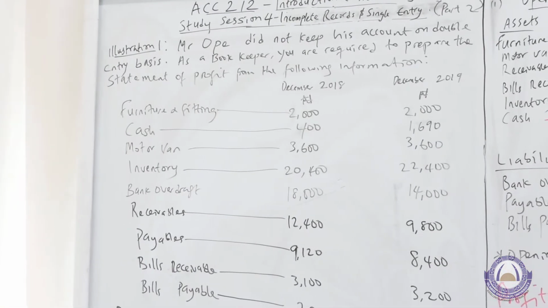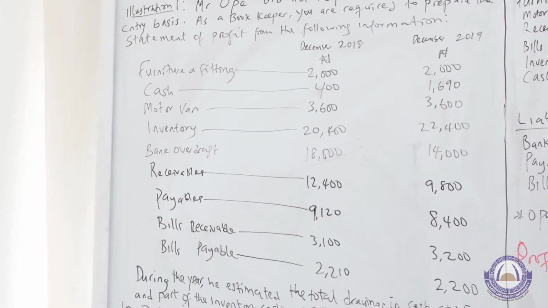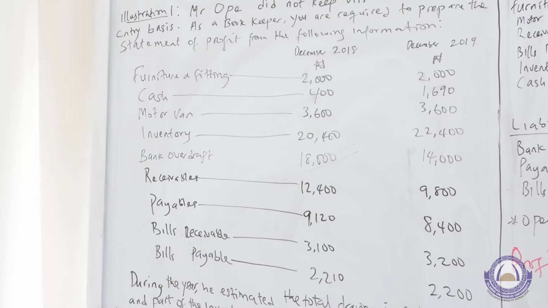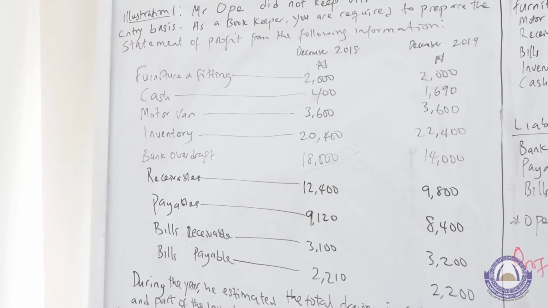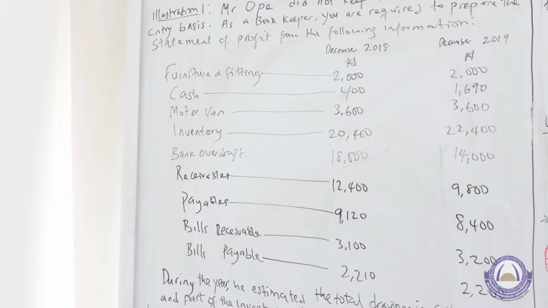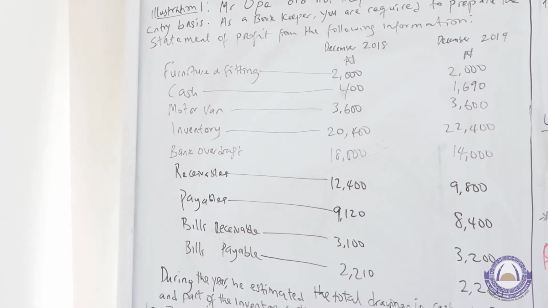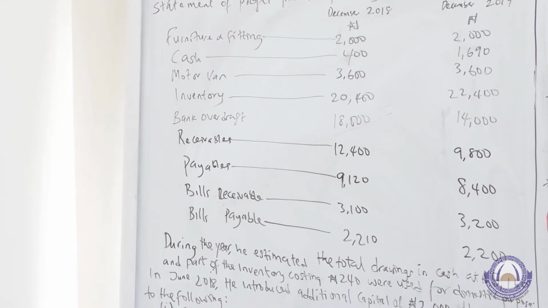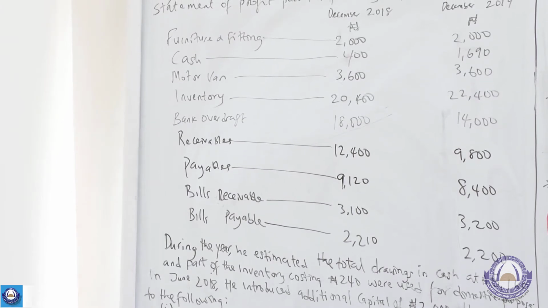The next one, we have receivables at 12,400 naira, the sixth item there. Then we have bills receivable, the second to the last, which is 3,100 naira. There's inventory, the fourth item there, 20,400 naira. Then there's cash of 400 naira at the beginning of the year.